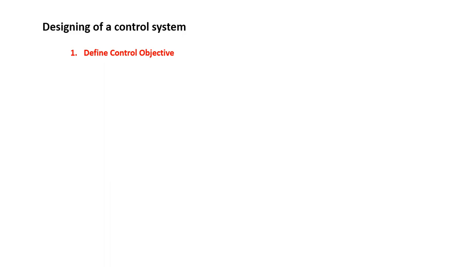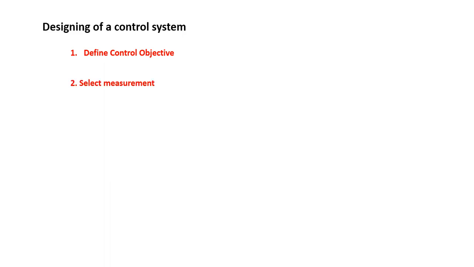For example, if I want to control the temperature of the outlet or the flow rate of the outlet, that means my objective for putting up a control system on that particular process will be to control the temperature or to control the flow rate of the output. So the controller objective is very important. We should be very familiar with what is to be controlled, what parameter is to be controlled.